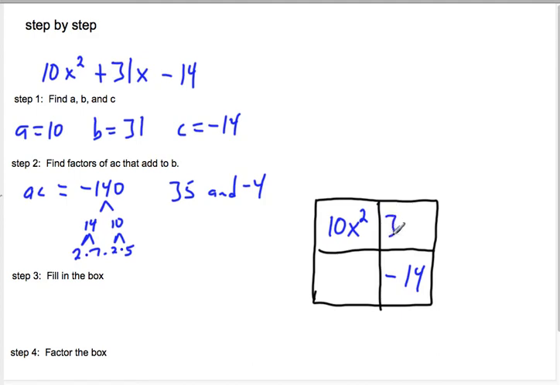So 35x and negative 4x. All right, now we're going to factor the rows. We can start with 10x squared and 35x, they both have 5x in common. Negative 4x and negative 14, since they're both negative, we can factor out a negative 2.